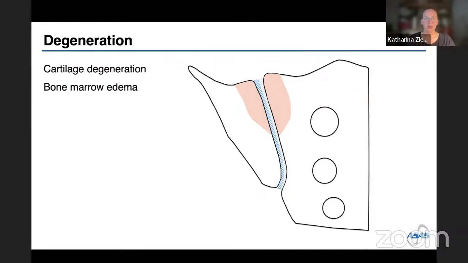And this bone marrow edema should probably best not be interpreted as inflammation, but rather like a bone bruise, even like microfractures. So we have mechanically stressed bone that will show up as bone marrow edema. In these areas, we will also find sclerosis that is very common, and in later stages also maybe osteophytes.